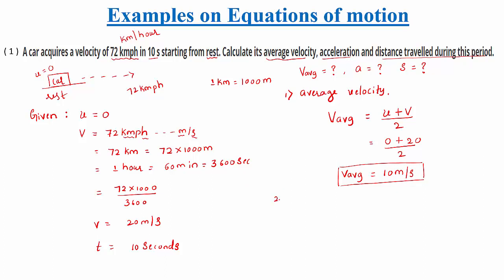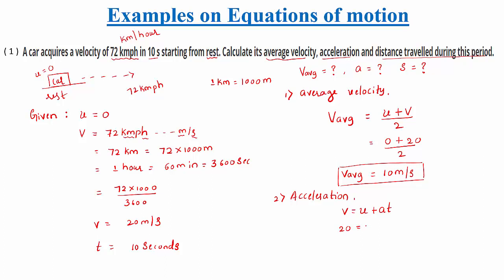Then second one, acceleration. How to find acceleration of the car using these givens? We know equations of motion. The first equation of motion is V equal to U plus AT. We can use this equation. V equal to U plus AT. Substitute the values. Final velocity is 20 meter per second.